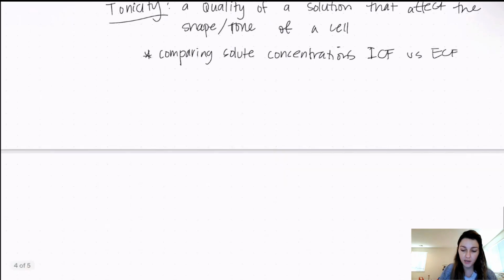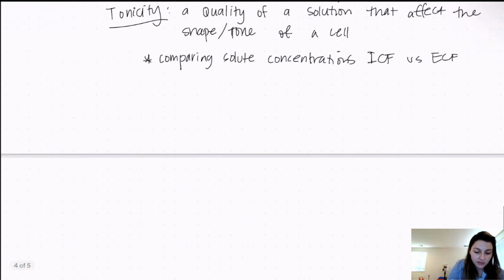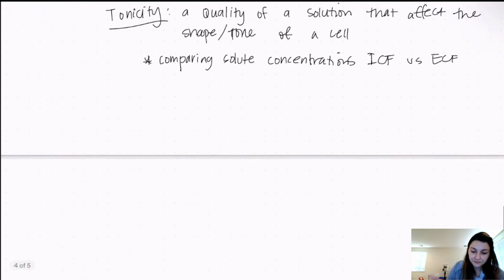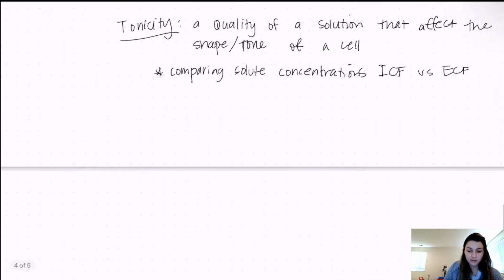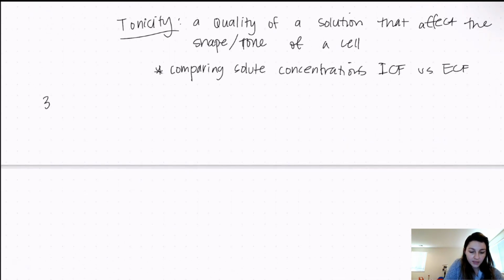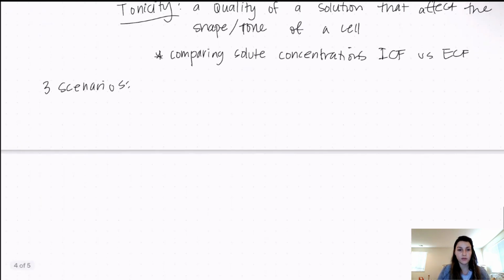So let's draw, I have three scenarios about tonicity. And in those three scenarios, I have 3 cups of water with 3 cells in it. And all of this comes back to tonicity, so keep that in your brain as we go.